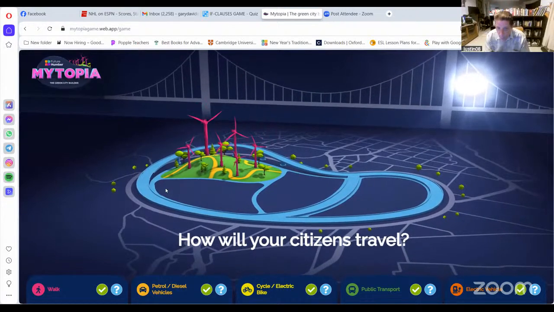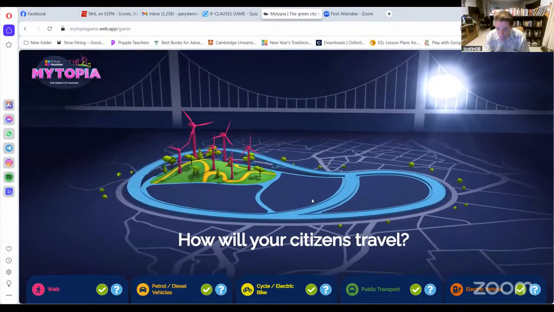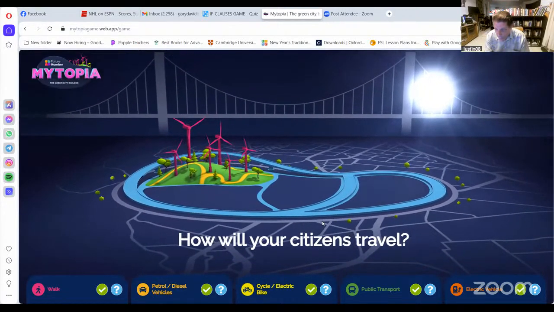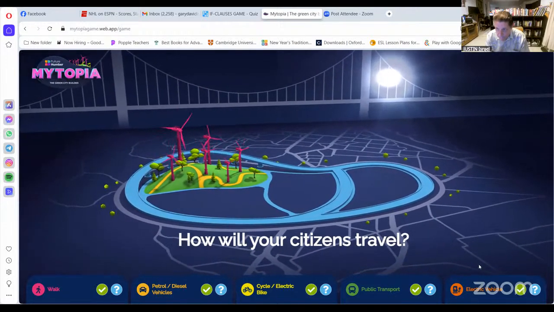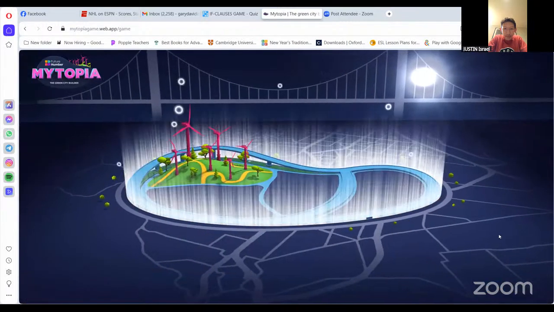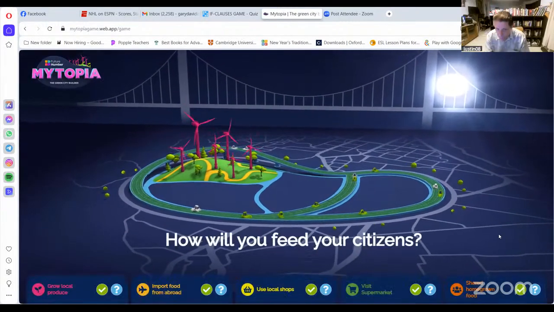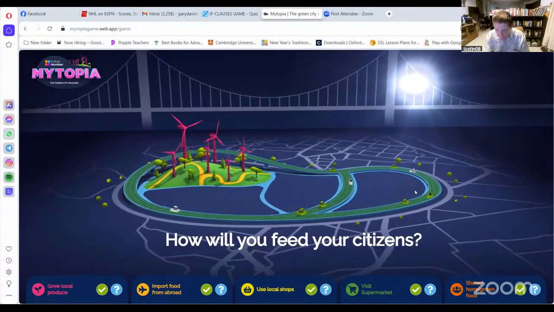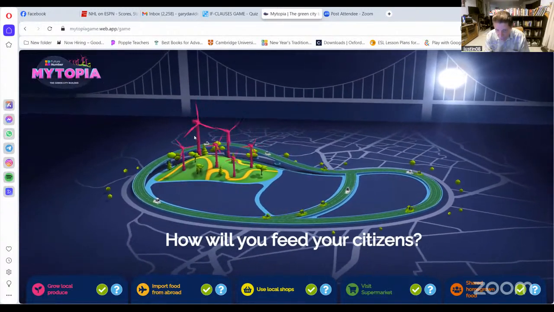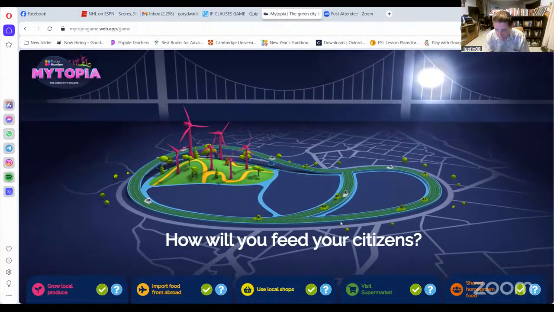Okay, so if they walked around the city, they would be too tired. So you feel it would be better for them to have electric vehicles, right? Yes. Okay, I see. All right, so you can see that we have the electric vehicles driving around the city.